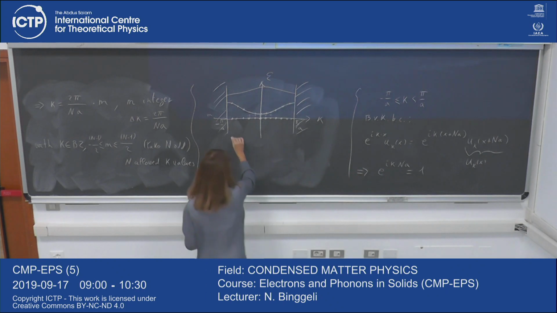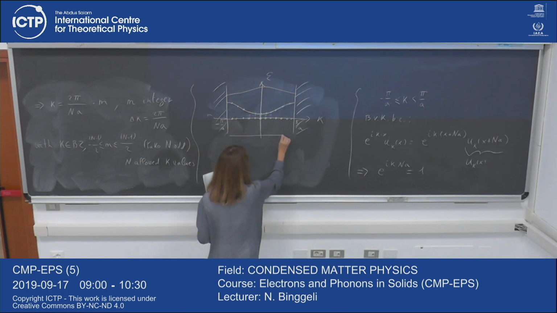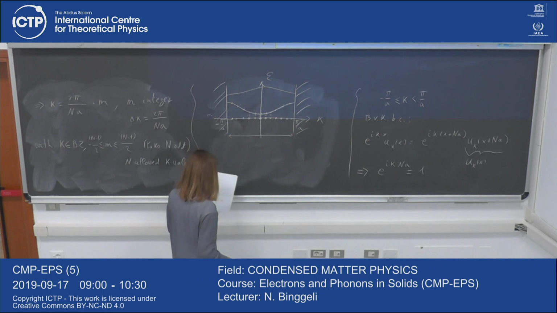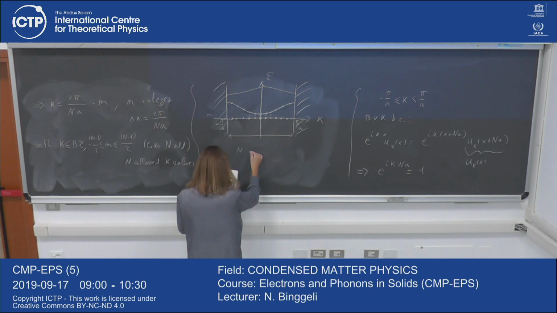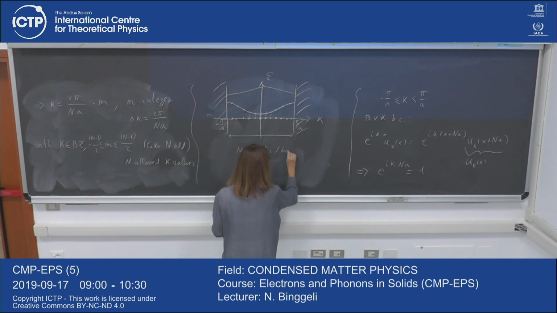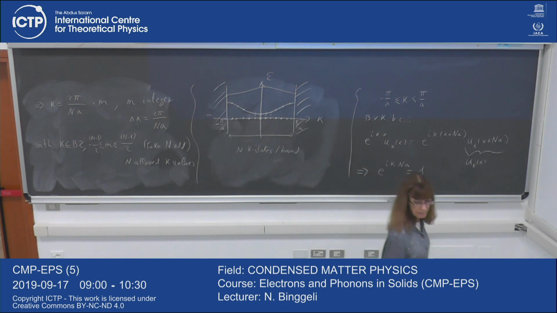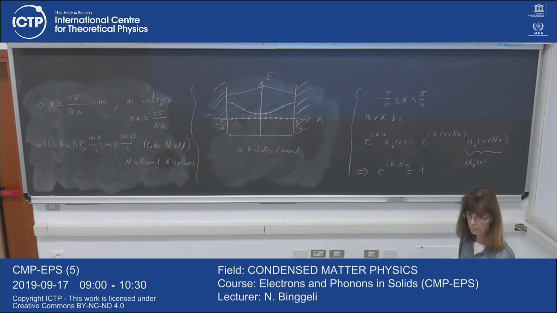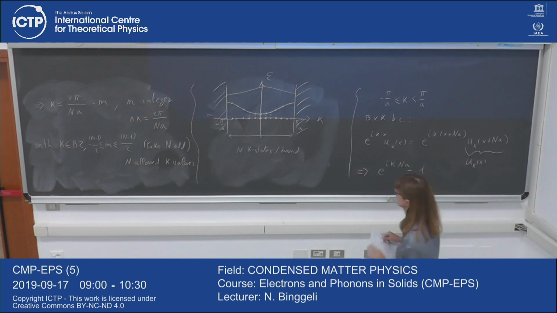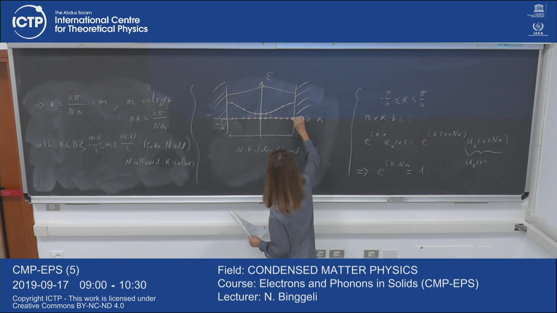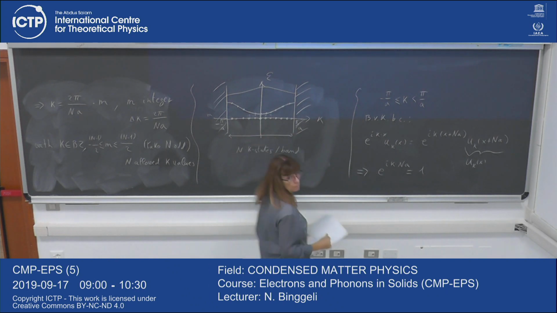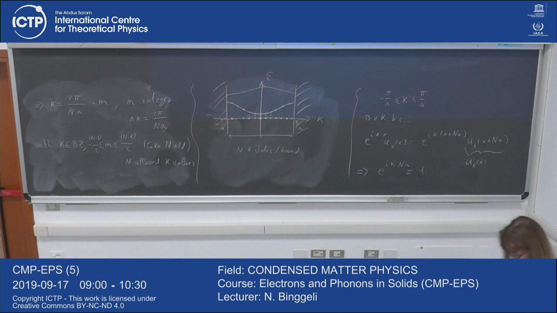So the conclusion of this is that I will have exactly N k states per band. By this I mean exactly N k states per band that fulfill the Born-von Karman boundary conditions. Okay? All right.